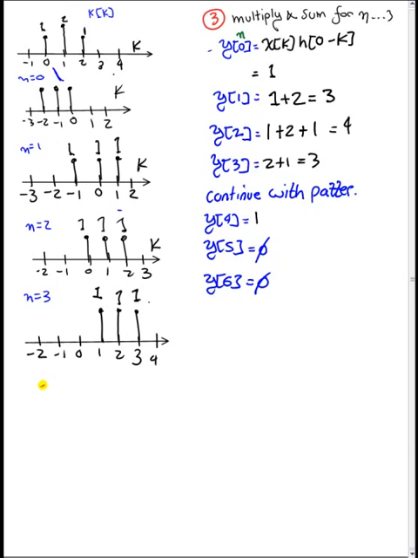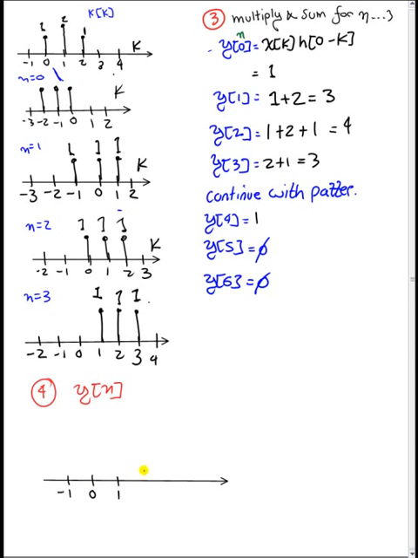So step 4 is actually drawing it. So let's draw y of n. What's our answer after doing this? You see, I'm not very good at doing this because I never remember, since it's not too intuitive, but some people are actually pretty fast.